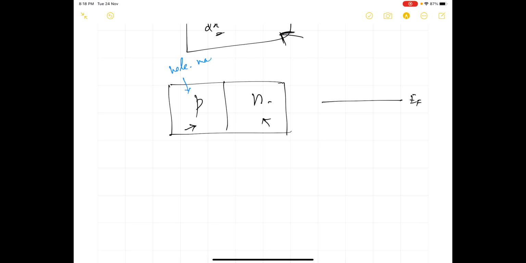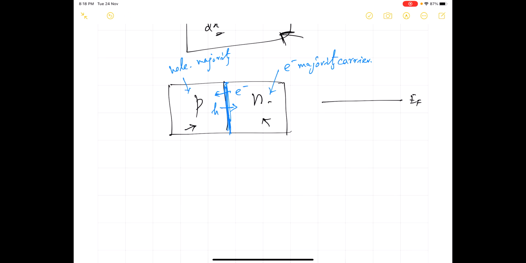Whereas in N type, the electron is the majority carrier. So whenever you put P and N together at a junction, immediately the holes will start moving in this direction, and the extra electrons will start moving in this direction, obviously.